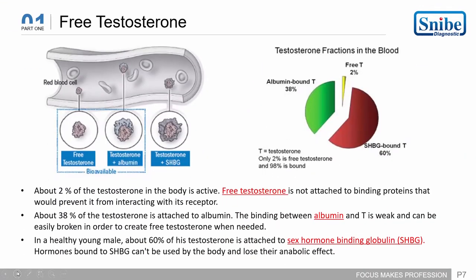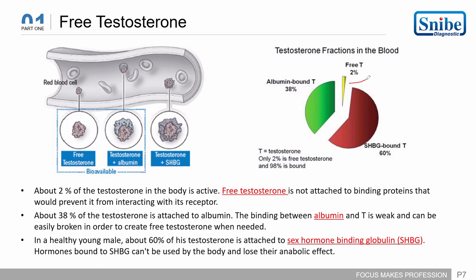So what is free testosterone? As we know, in the human body, only about 2% of testosterone in the blood is active; the rest is inactive.